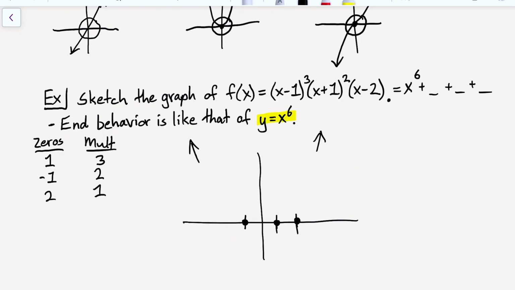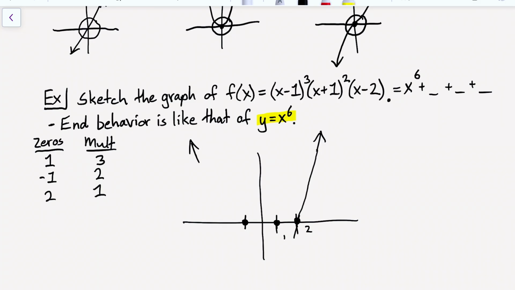And here's what we can begin to say about this function. For the zero at positive 2, because there's a multiplicity of 1, the graph is going to appear linear right near that zero. For the zero at positive 1, there's a multiplicity of 3.